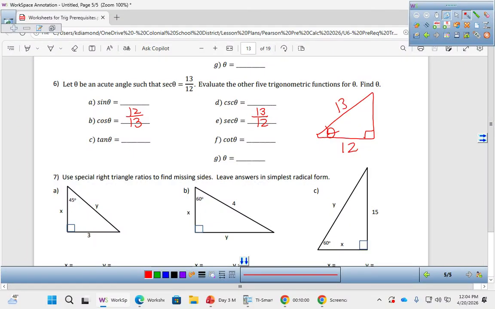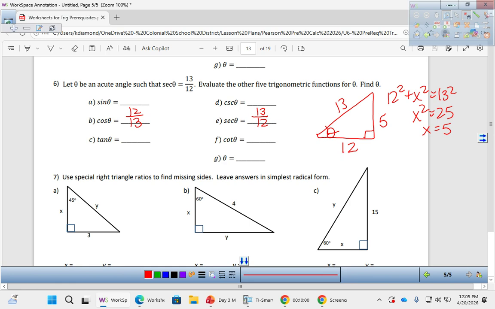And so I can solve for the other leg. So 12 squared plus x squared equals 13 squared. And as I work through Pythagorean theorem, just for space sake, 13 squared minus 12 squared is 25. So x squared equals 25. X equals 5. So that remaining side length is 5.